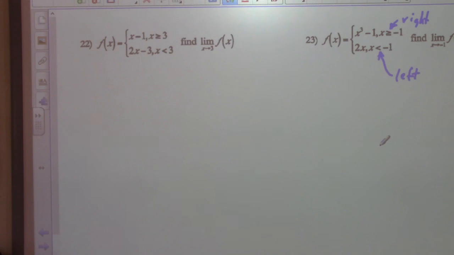Hey, Mr. G. Yes. For Q, the equation, we have to use synthetic division. How do we find that on the calculator? Oh, how do you do synthetic division on the calculator?